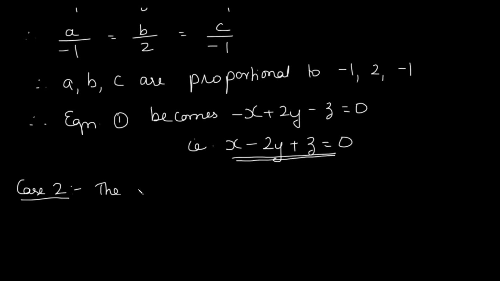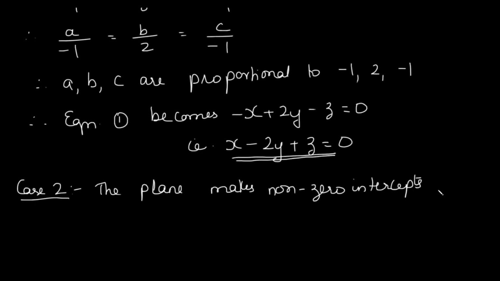So the plane makes non-zero intercepts on the coordinate axis. Now the intercepts are equal to each other and they are non-zero. So let the intercept be any number, say p.